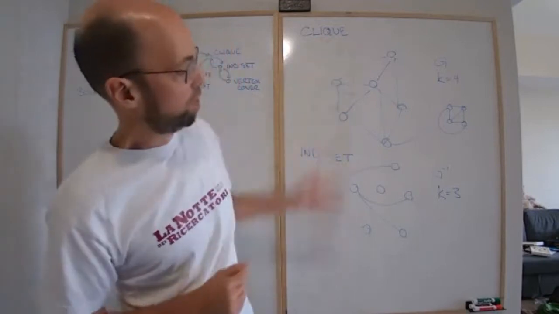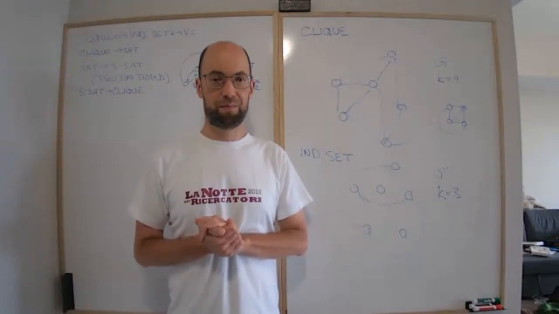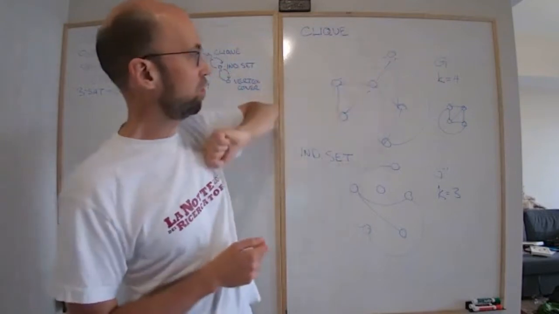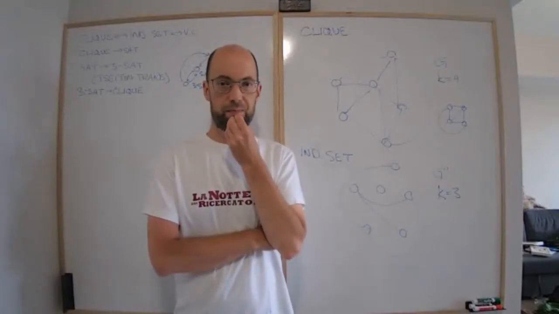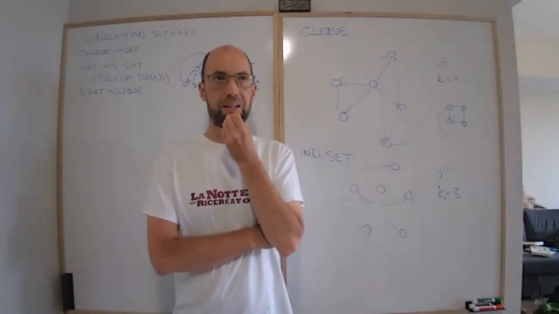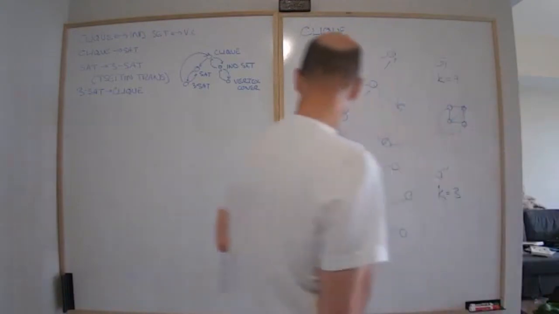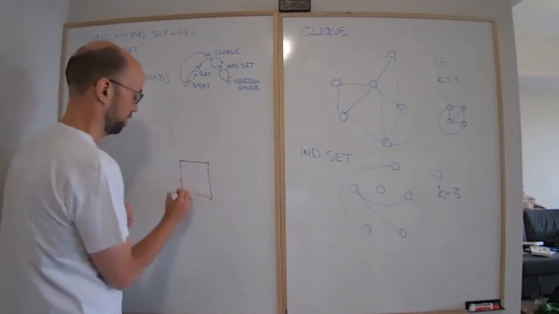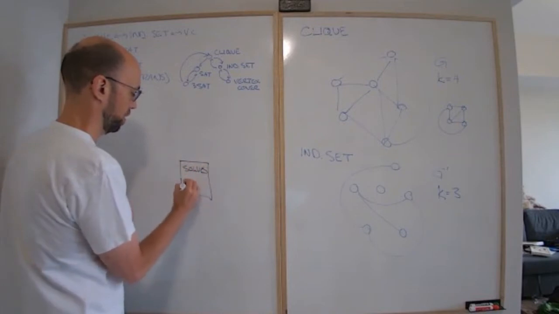So, can you see a relation between these problems? Anybody? If I gave you a magic box that could solve clique, could you use it to solve independent set? So let's say you have this magic box that solves clique.